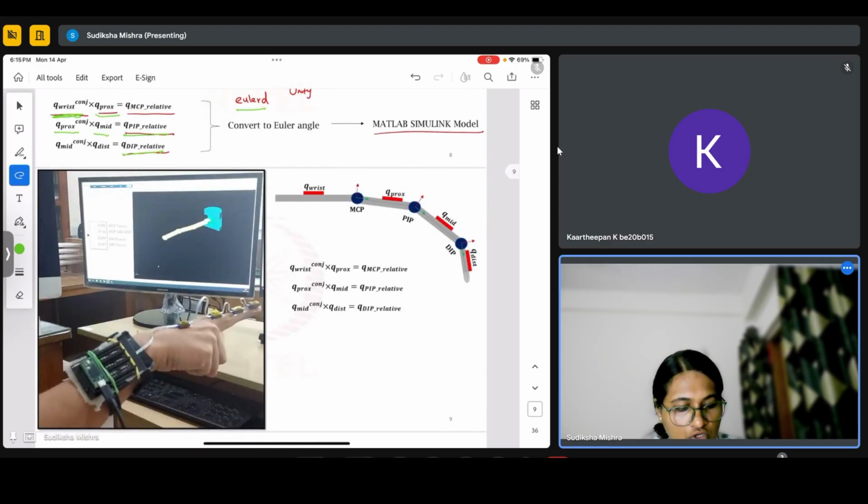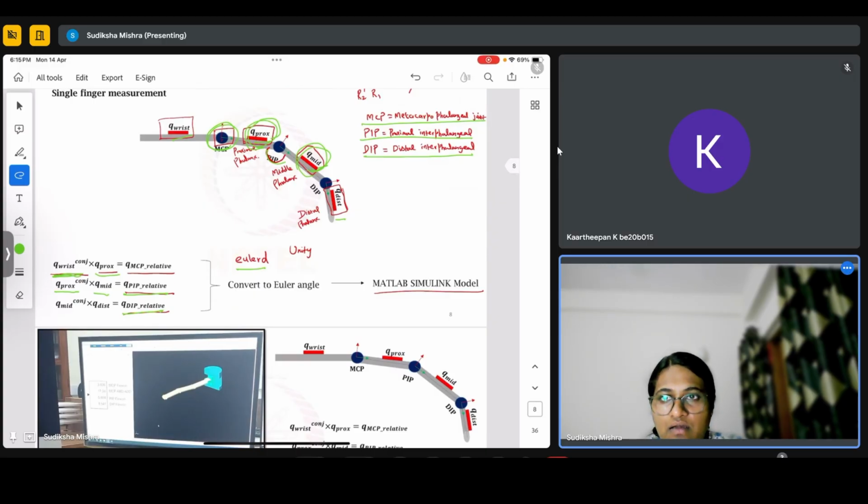So you track these values from these four chips in real time. You get your angles, and that's how you can design what kind of movement the hand goes through, and for a particular posture, what angles the hand needs to move at to make that posture.